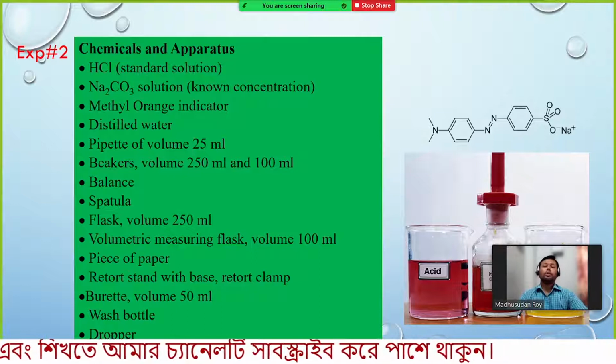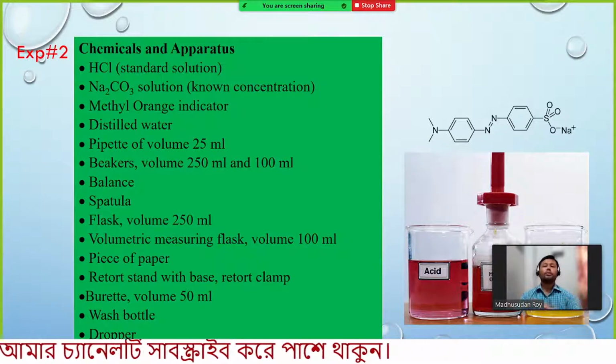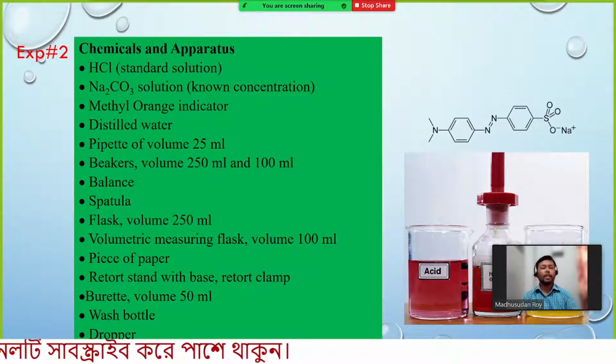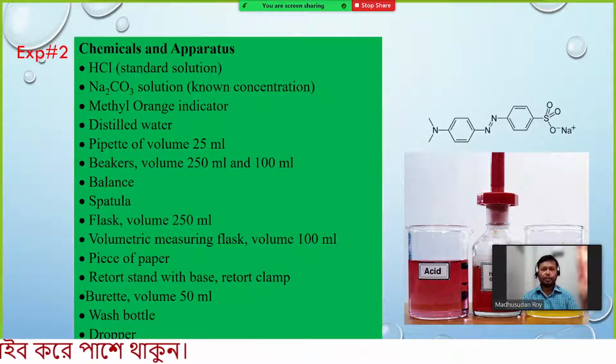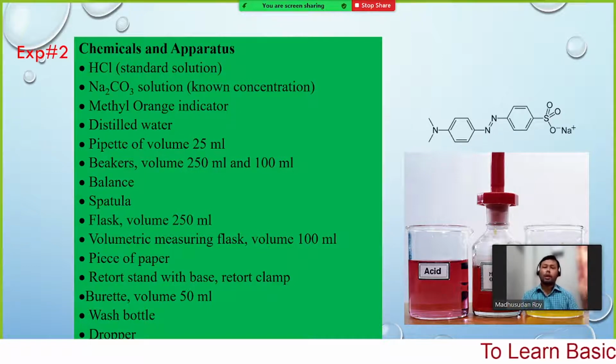Before that, we will know what types of chemicals and apparatus we may need for the standardization. In the last experiment, experiment number 1, we used very similar instruments because we did a titration, but of a weak acid with a strong base.